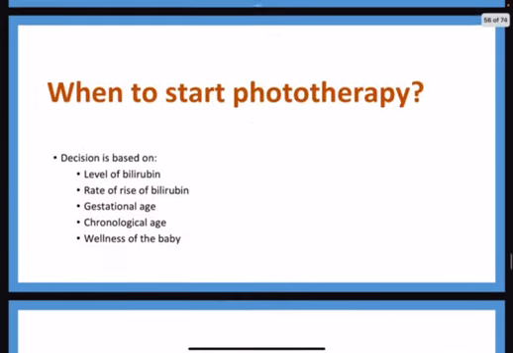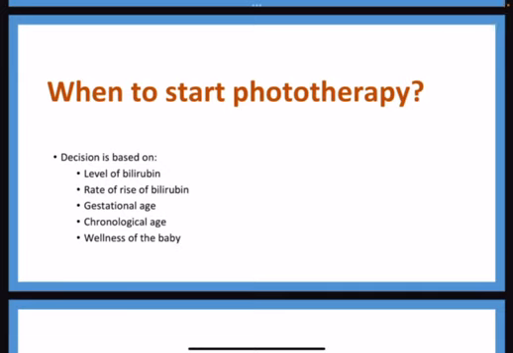Okay, when do we start phototherapy? Who needs phototherapy? This depends on the level of bilirubin and the onset of hyperbilirubinemia, because we talked about specific curves we look at, with the level against the age. Not every level needs phototherapy; it depends on the level in comparison to the age. What does that mean?